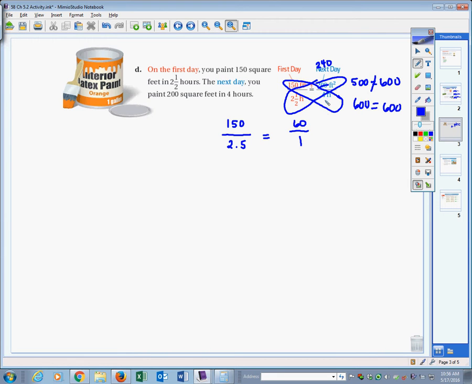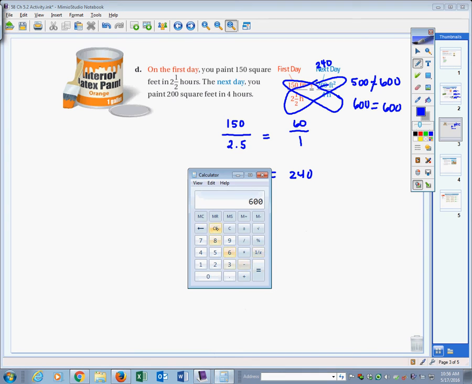So if I'm looking at 4 hours, I'm going to say 60 times 4 is equal to 240. So I changed this 200 feet to 240 over 4, which is going to give me my equivalent rate. If I was to divide 240 by 4, I would get 60 over 1. Okay?